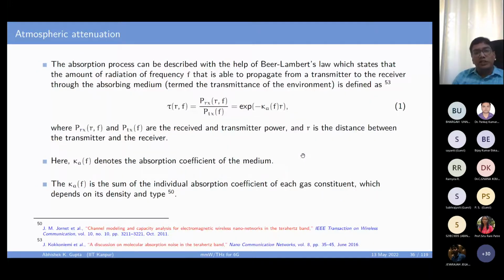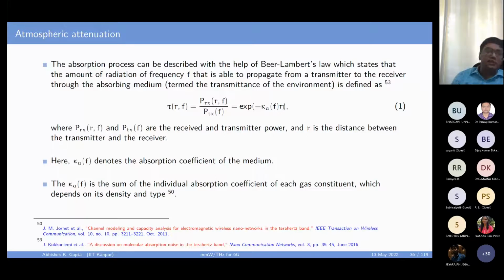How can we model this attenuation mathematically? There is a law, the Beer-Lambert law, which you may have studied in the past. It states that the amount of radiation of frequency f that is able to propagate from a transmitter to the receiver through an absorbing medium, which is the environment or any gaseous medium in our case, is defined as the ratio of the received power to the transmit power, which is equal to exponential of minus K_a(f) r. Here r is the distance.